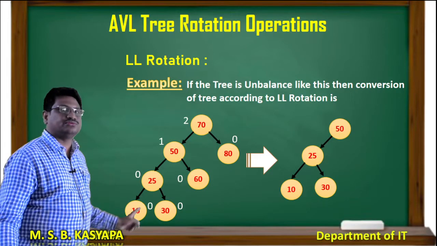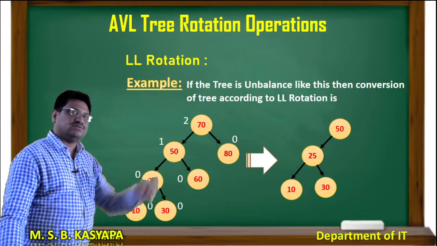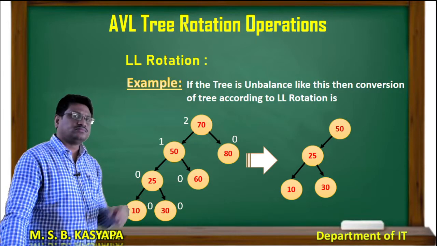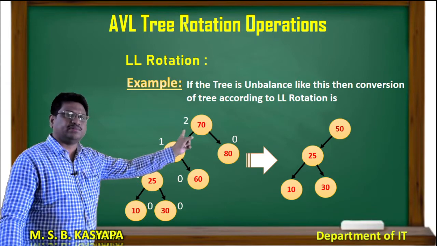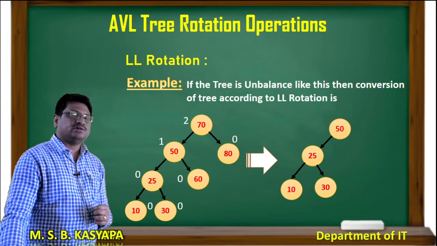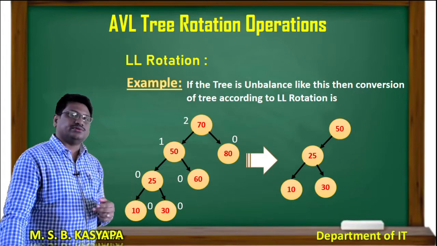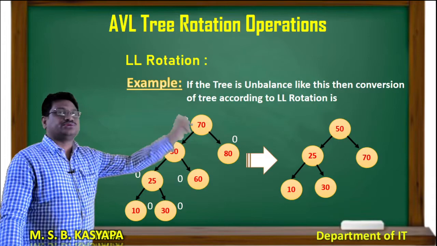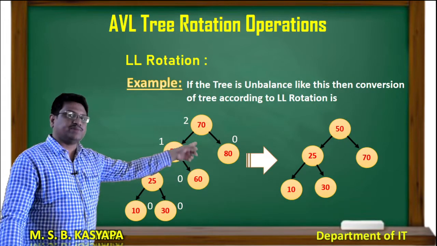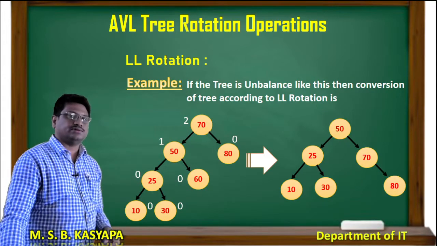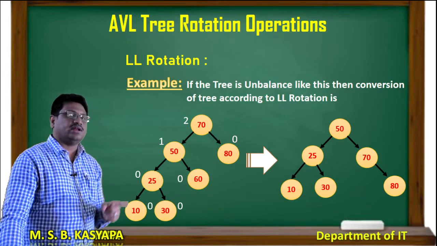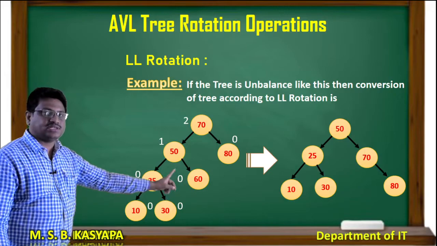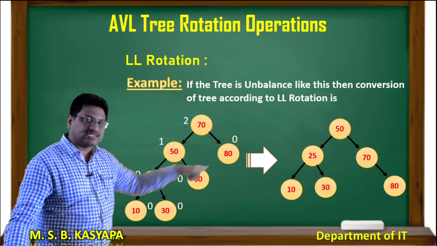So in the new tree also, these left children will be the same as before. Now, the old root node, that is 70, will become the right child in the new tree. So 70 is the right child for 50. If this root node has any right subtrees, make it a right subtree for this node. And if this left node has any right subtrees, they should be moved to the right subtree as a left child.